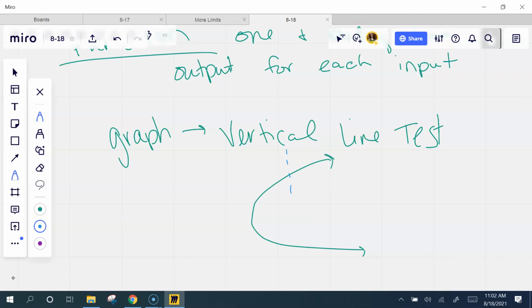If I drop the vertical line right here, this particular x value might be 2, 5, and maybe this is 2, -5. It's got two different outputs for the same input there, and it fails. So this is a fail.